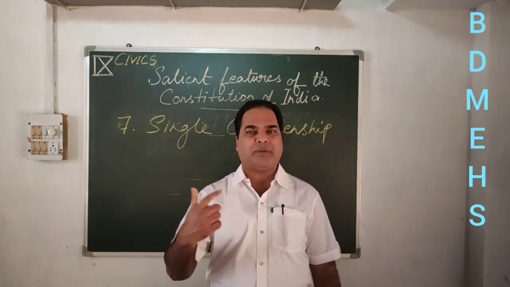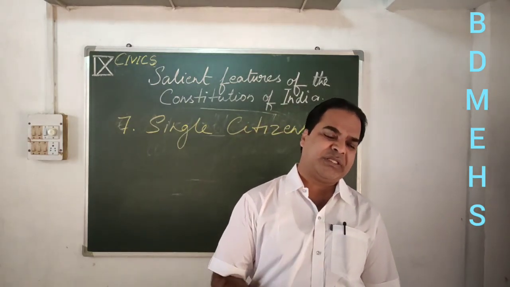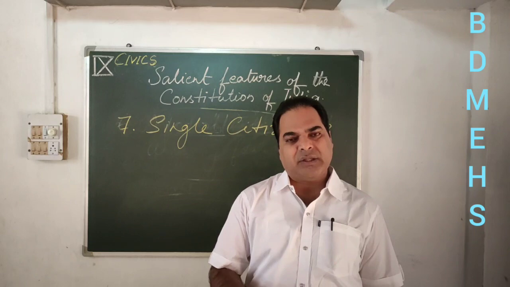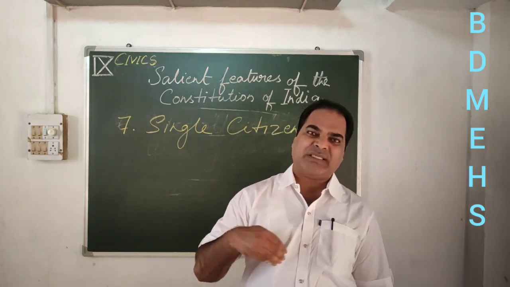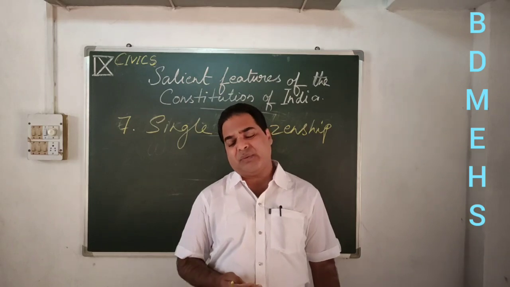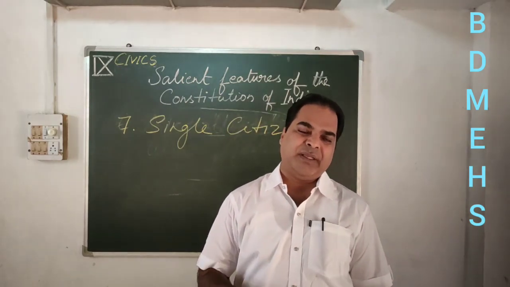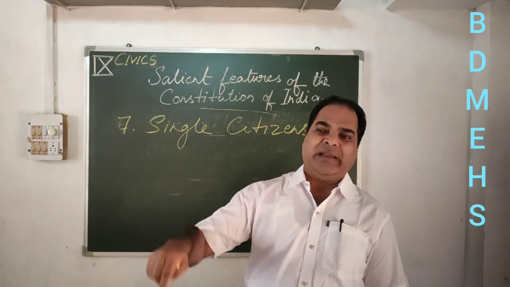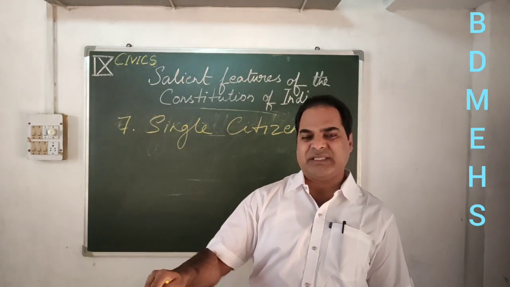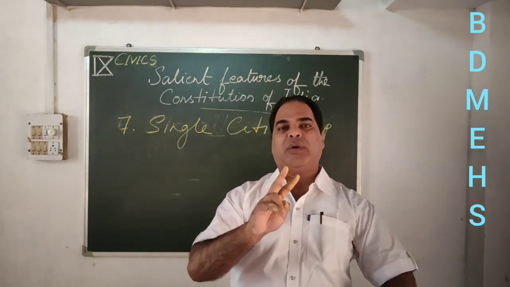Suppose a person lives in America; he will have two citizenships. First, the country to which he belongs, that is US citizenship, and second, the citizenship of the state in which he lives. So, dual citizenship.